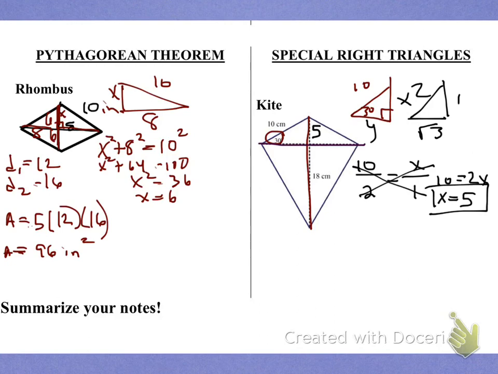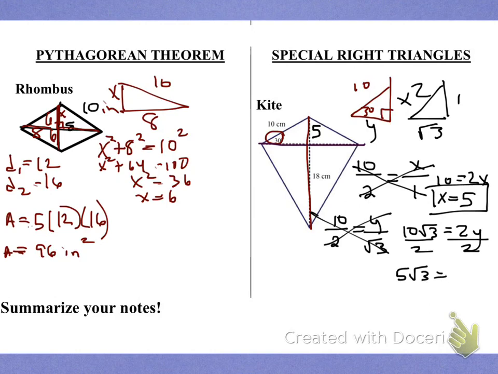And let's look at the bottom part down here. We know that we have 10/2 equals y/√3. Cross multiply, 10√3 equals 2y. Divide by 2, 5√3 equals y.